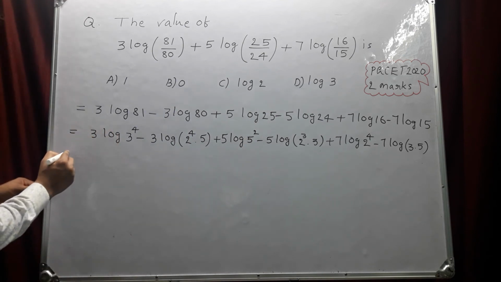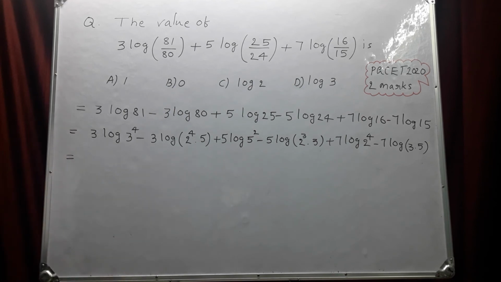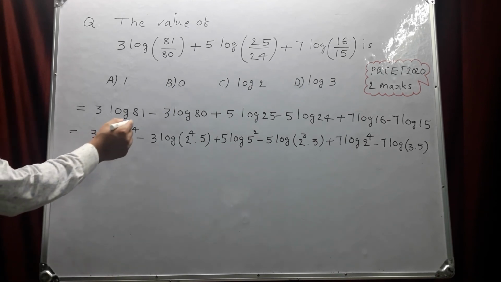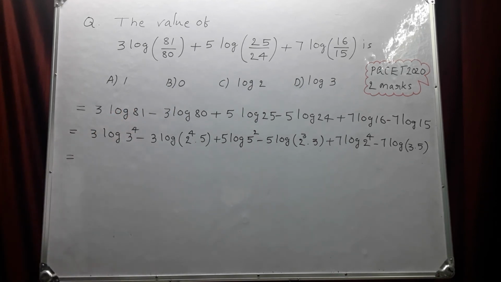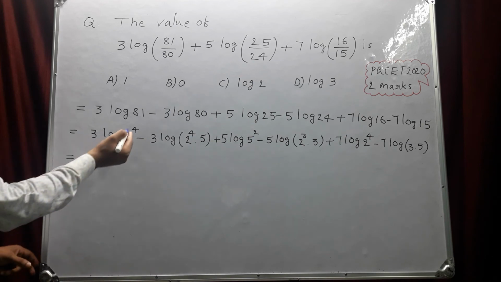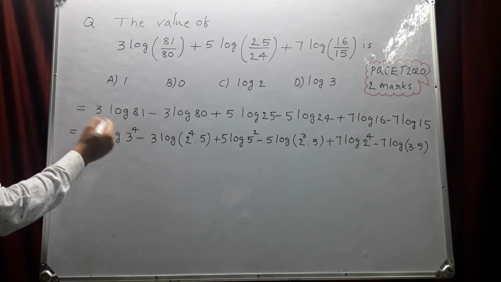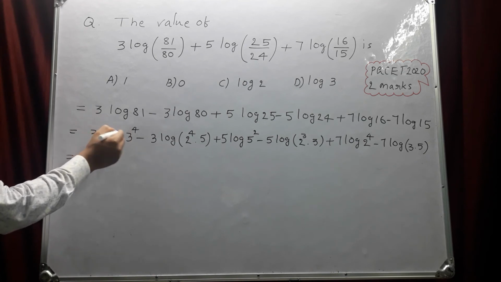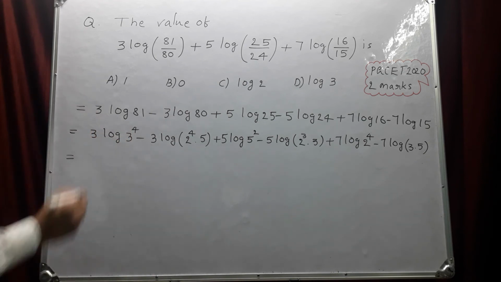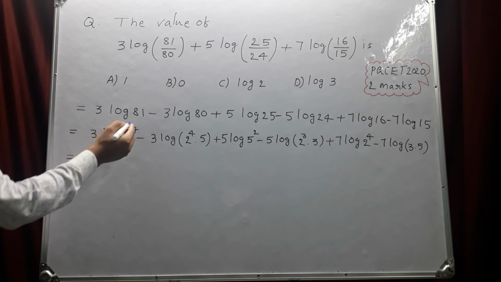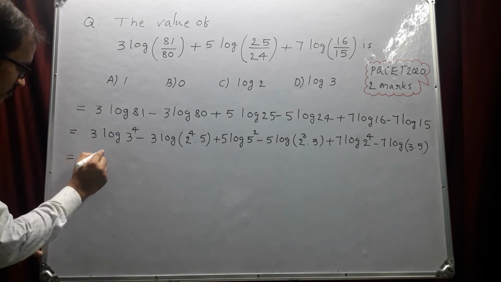So again, by using the property, log a power b means we can write it as b into log a. We have seen in the previous problem. So log 3 power 4, b into log a, that is 4 into log 3. So already we have 3 4s are 12.